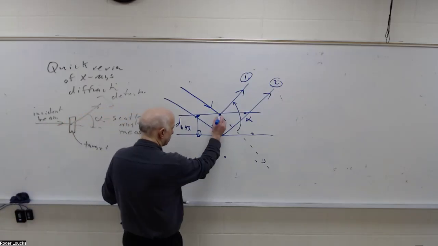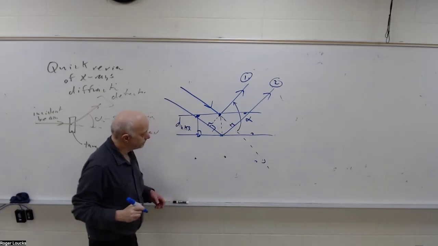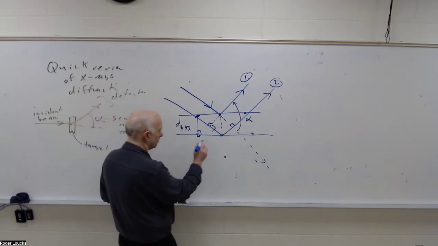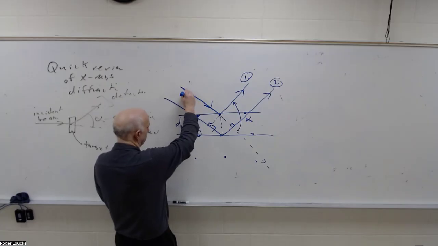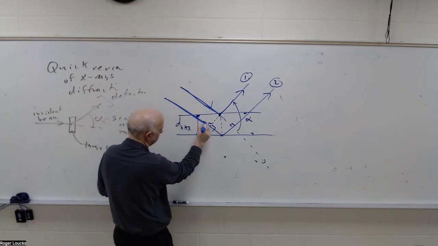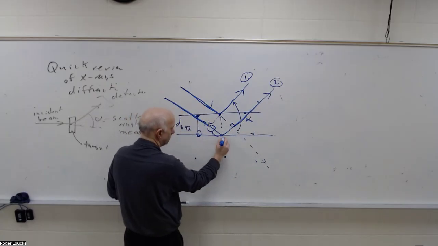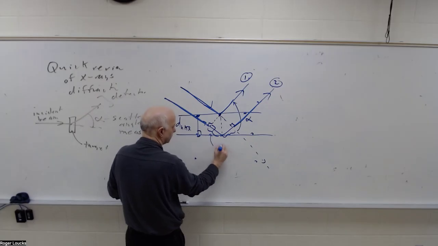And what did we do? We looked at this little distance here, and I could drop a perpendicular here, and here like that. Then we said that this ray travels this distance and goes like this. This ray travels that same distance here, and then that same distance here. So this part here and here is your path difference.